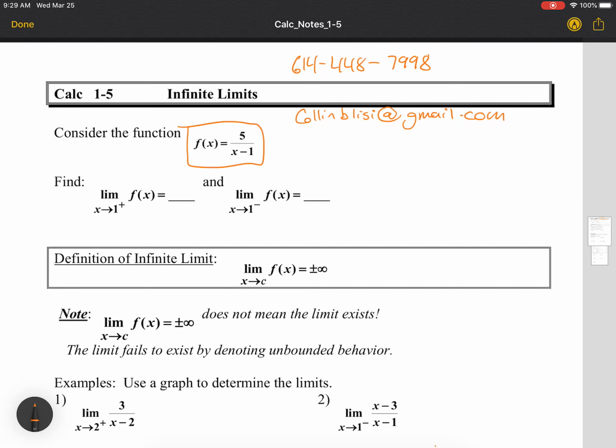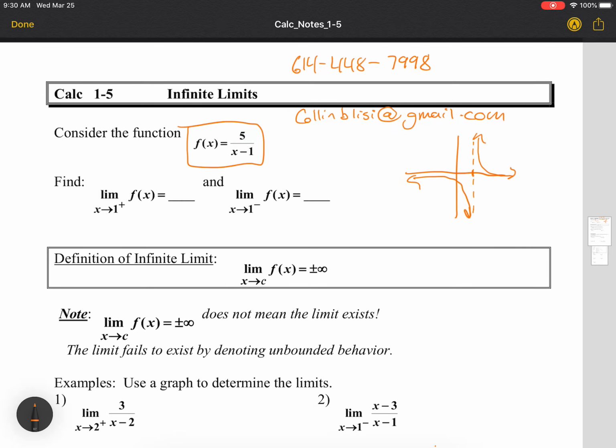Looking at this function up here, looking at the denominator, or if you just recognize this graph, let's sketch the graph first. Hopefully we've been studying our parent functions. We know we're going to have an asymptote at x equals 1, and our graph should look something like that.